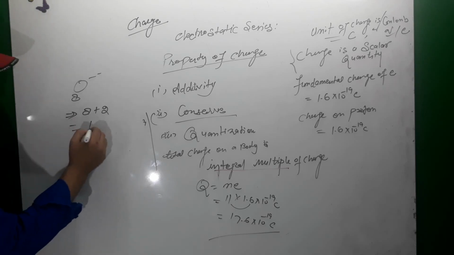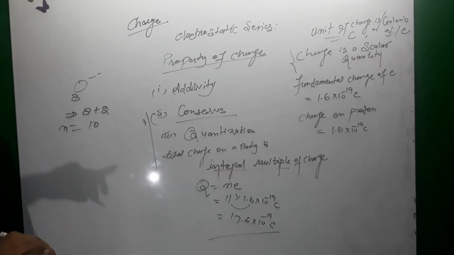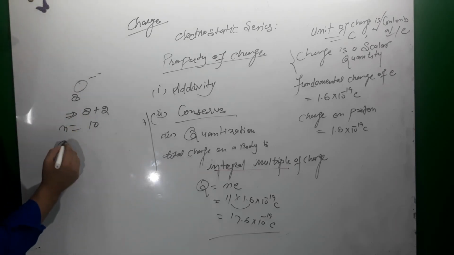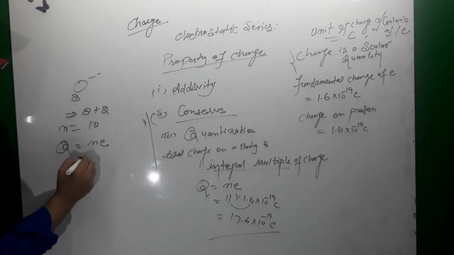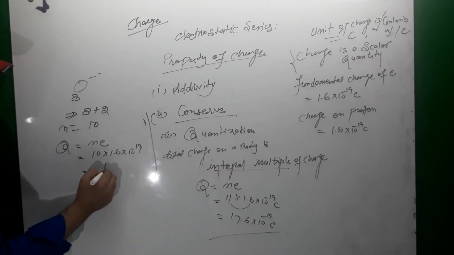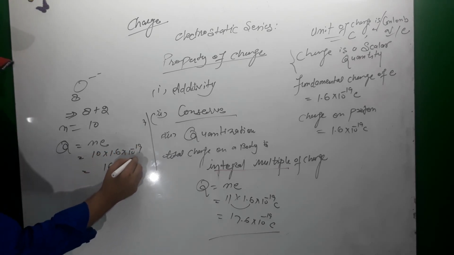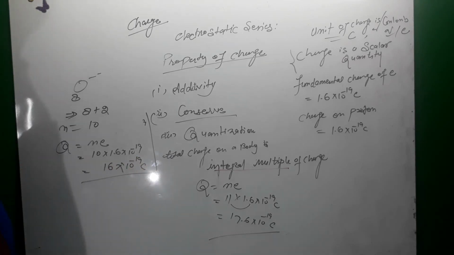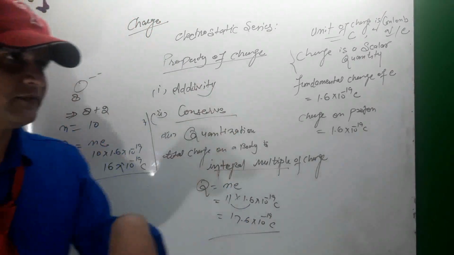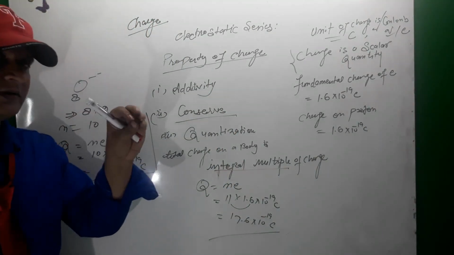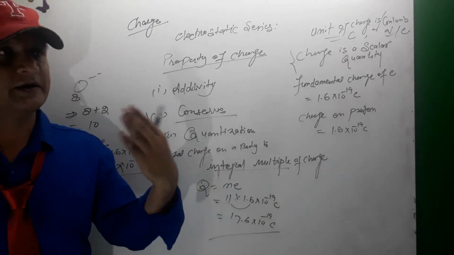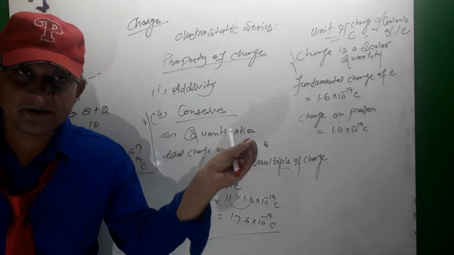So how many electrons are there? 10 electrons. Now what is the charge on oxygen in this condition? Q equals N e, with N as 10 electrons multiplied by this value.